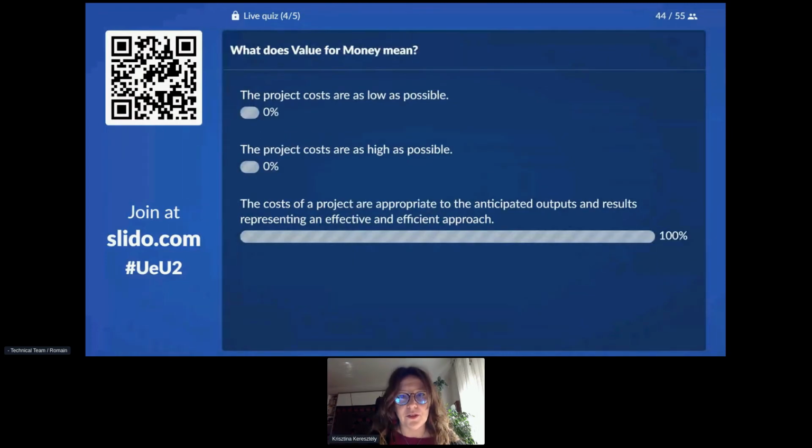Yes, as all of you found the good answer, value for money is really about how to link the cost of your project to your results and outputs. So to be realistic, to cover your outputs realistically, you need to identify a good costing. Very nice. So let's see the 5th question, please.